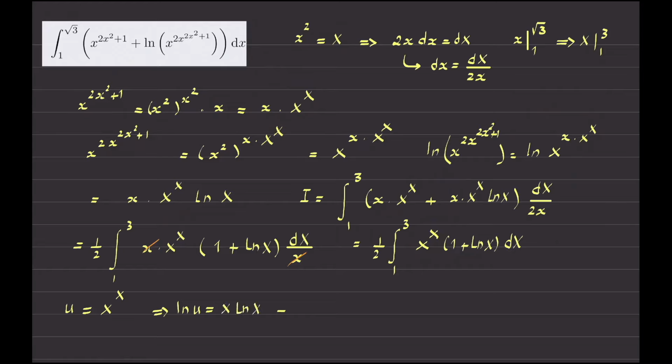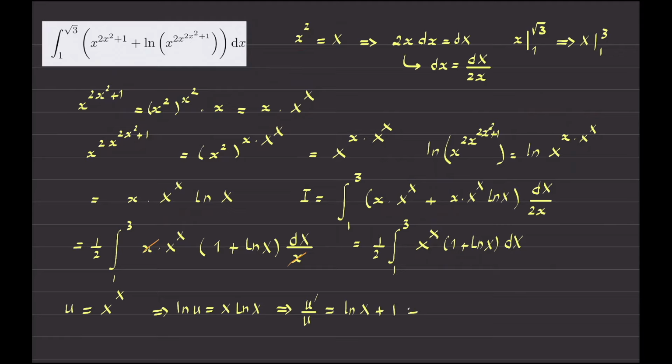And then you differentiate both sides with respect to capital X. The left hand side becomes u prime over u by the chain rule, and the right hand side is the product rule: the derivative of capital X times ln of x, which becomes this, plus the derivative of ln of x, which is 1 over x, multiplied by x, which is just simply 1.